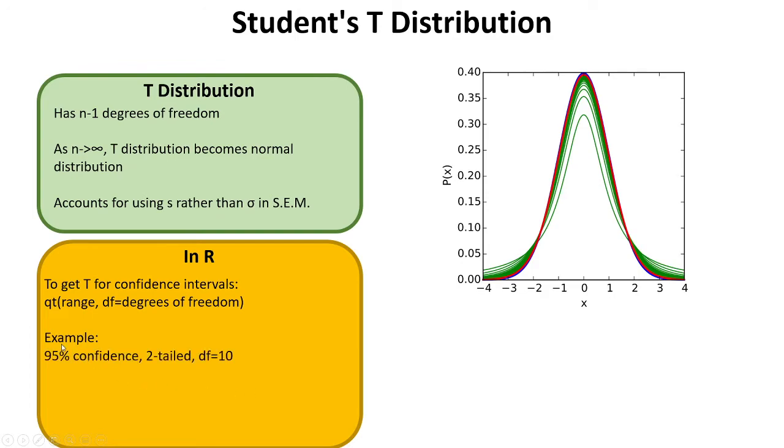So for example, if we wanted to get a 95% confidence interval, two-tailed with degrees of freedom equaling 10, we would input into the qt function 0.025, 0.975, and then comma, you could put df equals 10 or just 10, right?